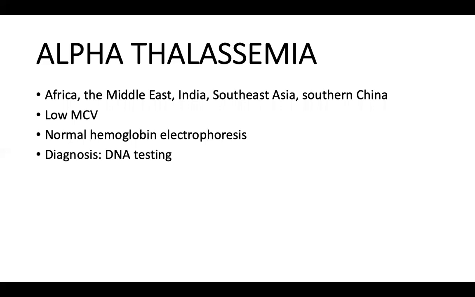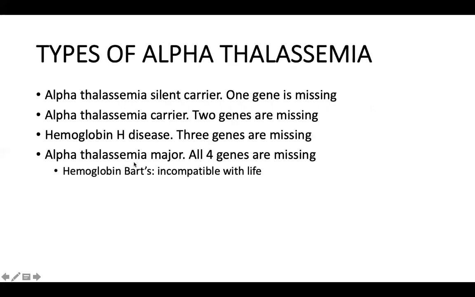Now, they all have low MCVs, and the kicker with alpha thalassemia is that it will have a normal sickle dex and a normal hemoglobin electrophoresis. The diagnosis of alpha thalassemia is made by DNA testing. Next slide.